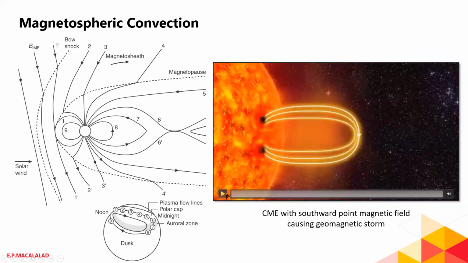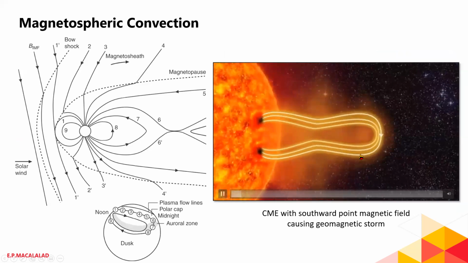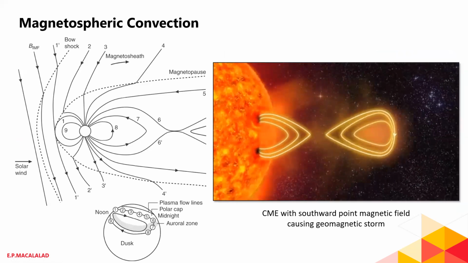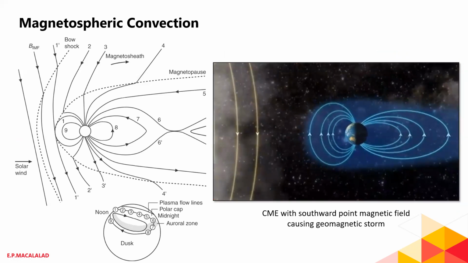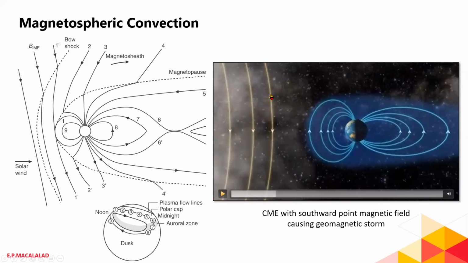Okay, so this is summarized by this animation. This is an example of a CME that has a southward pointing magnetic field line. But just like what was asked of me yesterday, this kind of process is not only produced by a CME. It can also be produced by a fast-moving solar wind with high density emerging from coronal holes.